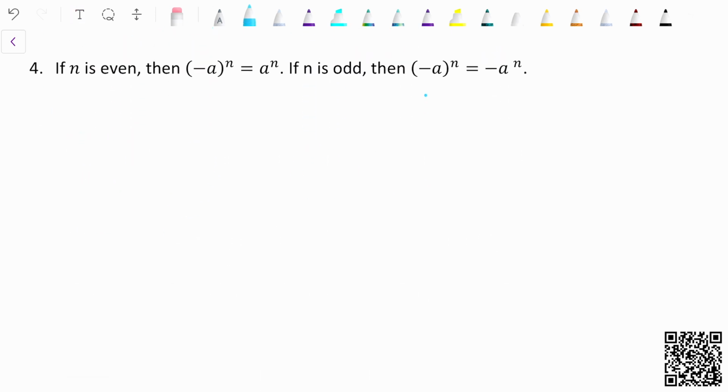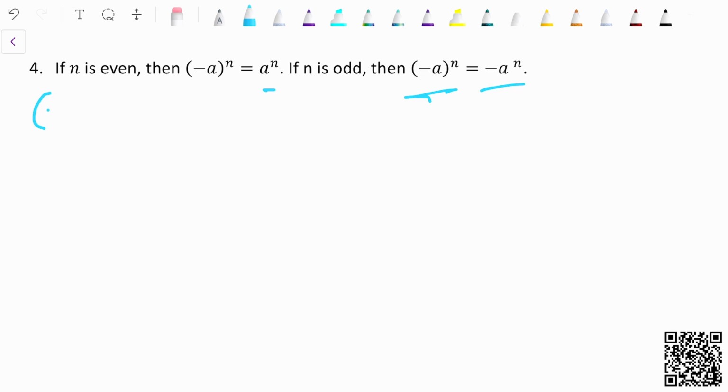Moving on to problem number 4. If n is even, then this would equal that. If n is odd, then this will equal that. So how does this work? When n is even, the first steps are basically the same. Negative a can be written as negative 1 times a.